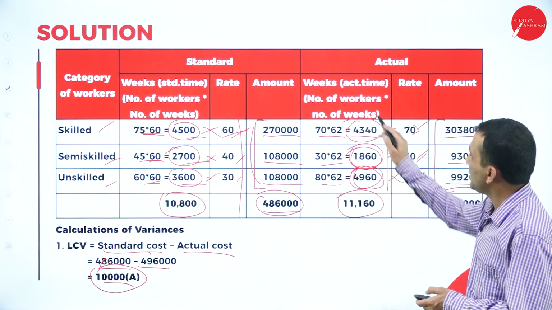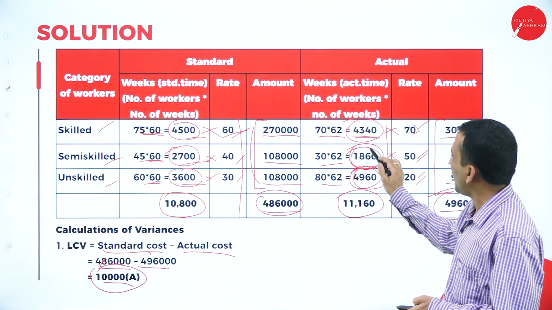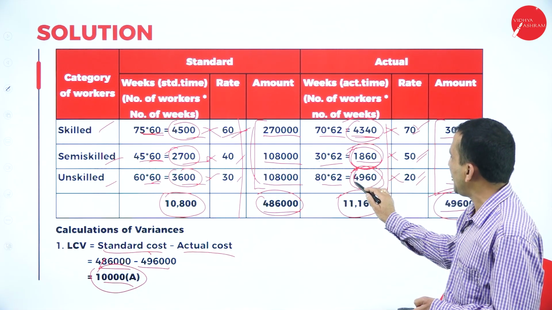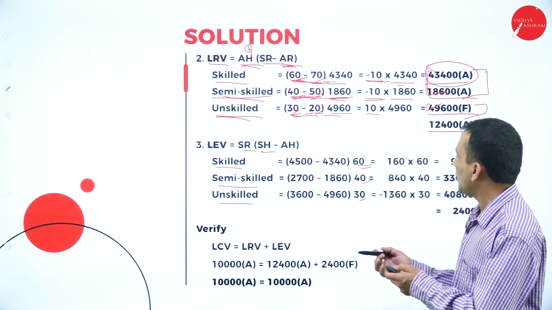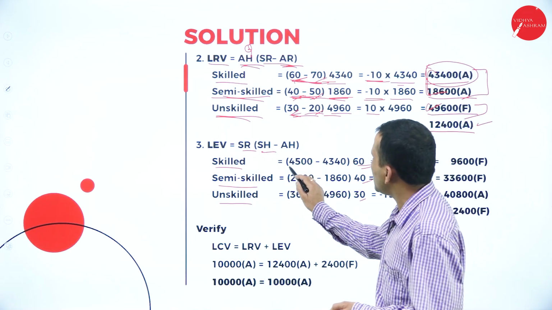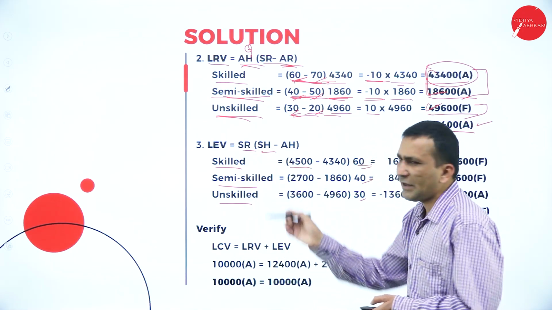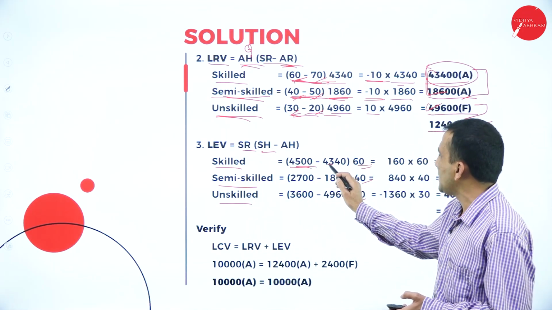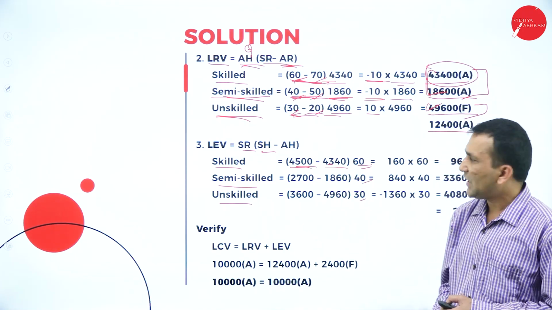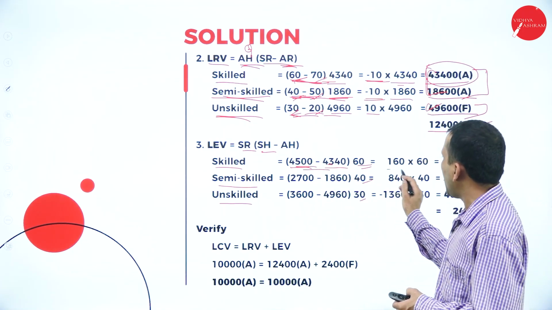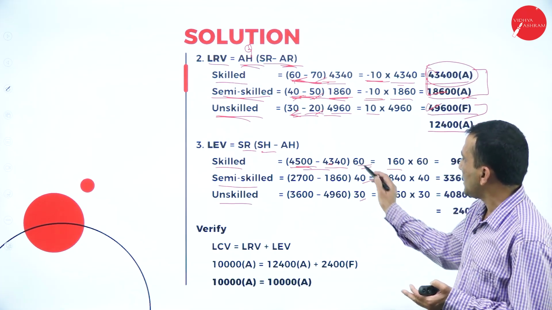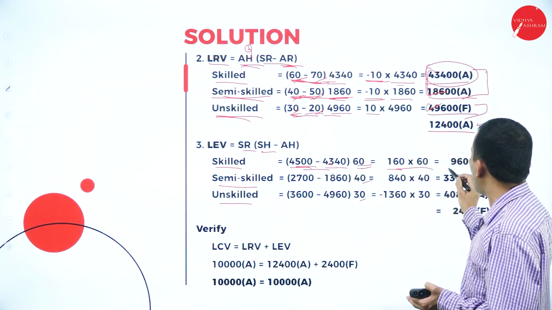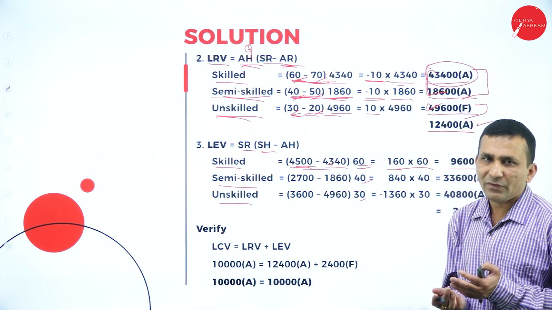Again, we need to refer to the actual hours here: 4,340, 1,860, and 4,960. So for skilled, the standard hours from the previous slide, 4,500, minus actual hours 4,340, gives 160, which is positive, and multiplied by the standard rate, 9,600, which is a favorable result.